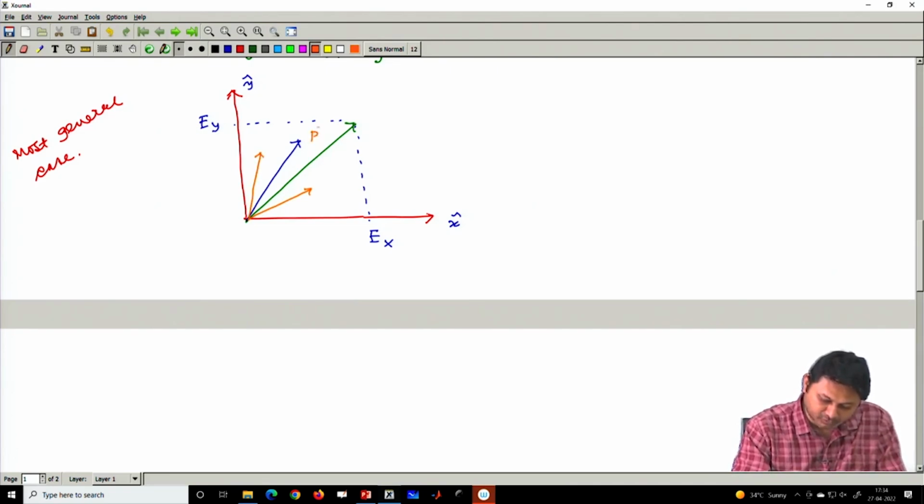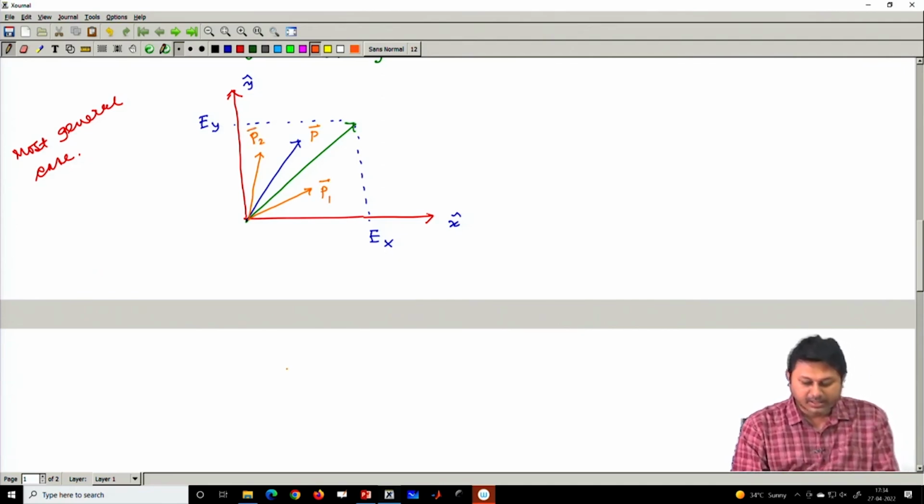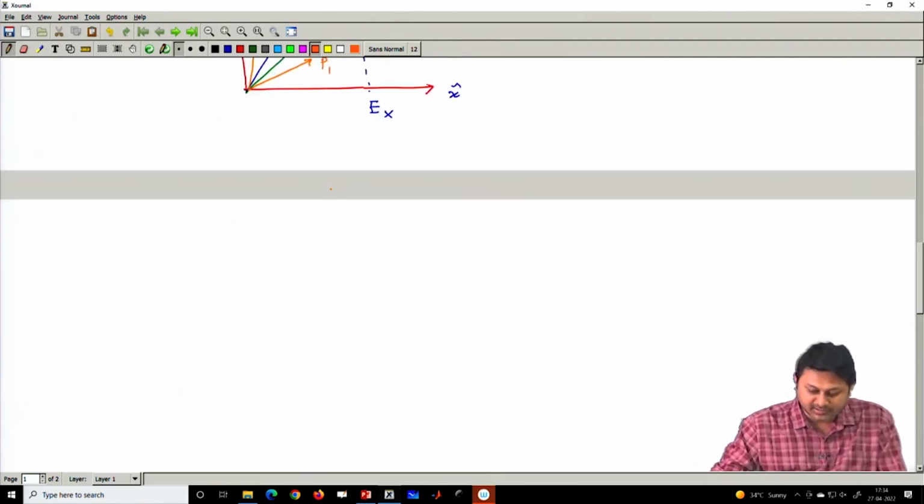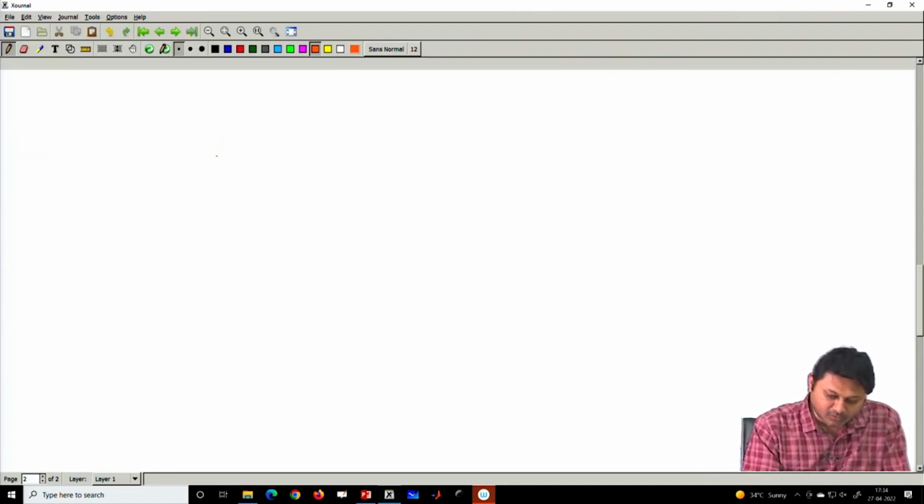See, this is my full P component, and I can have this as a combination of P 1 and P 2, and here you can see that it is not parallel. If I divide this, then the overall x component of P now not only depends on the x component of E, but the y component as well.